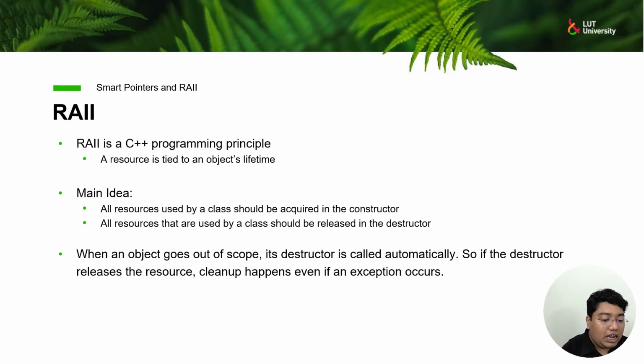That means cleanup happens automatically. This is different from writing just the delete keyword at the bottom of a function. With RAII, cleanup is tied to the object's lifetime, not to a particular line of code.